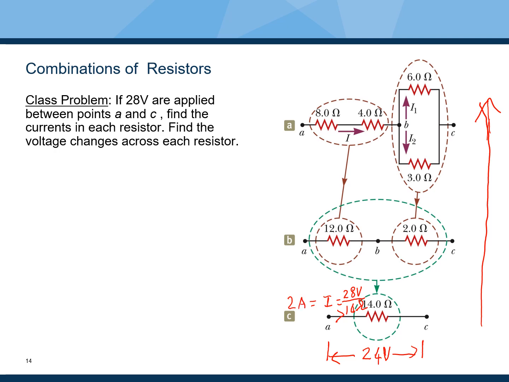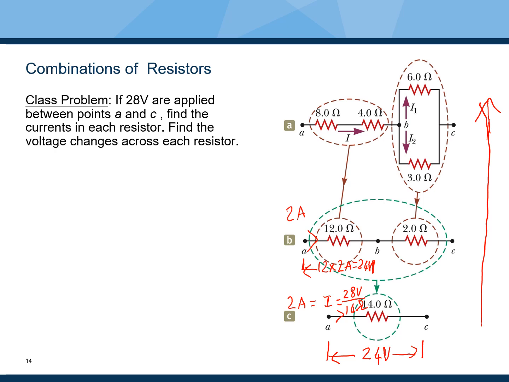So we realize that we have 2 amps flowing through the circuit shown in figure C. Therefore, we should have the same 2 amps flowing through the circuit shown in figure B. Now, in figure B, if we have 2 amps flowing through the 12 ohm resistor, then between points A and B, we should have a voltage difference given by 12 ohms times 2 amperes, which is actually equal to 24 volts. Okay, so across points A and B, we have 24 volts in this circuit.